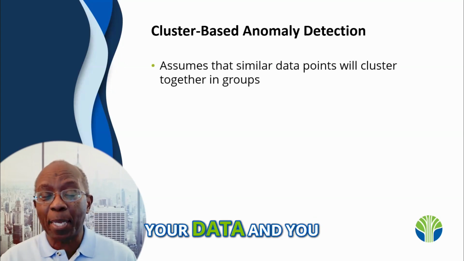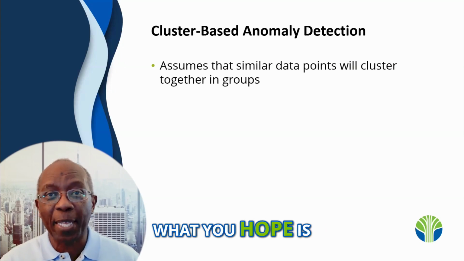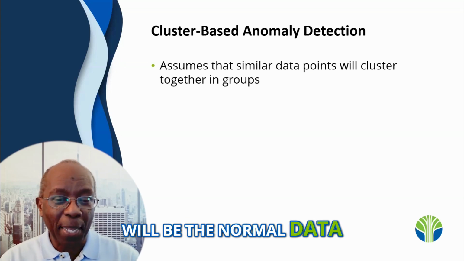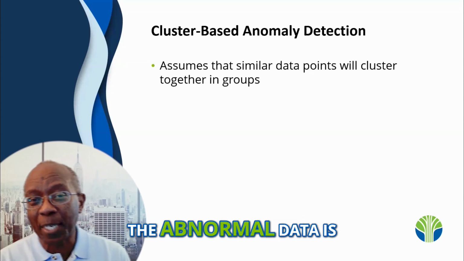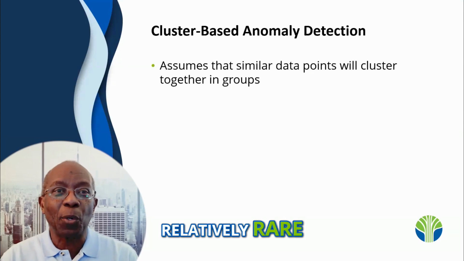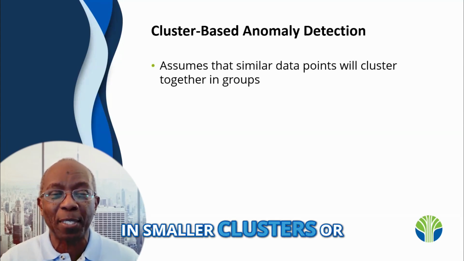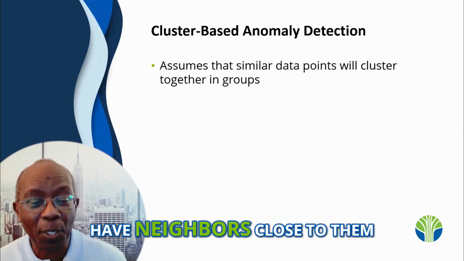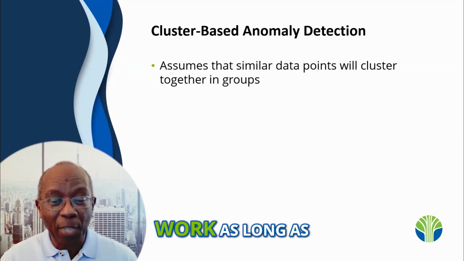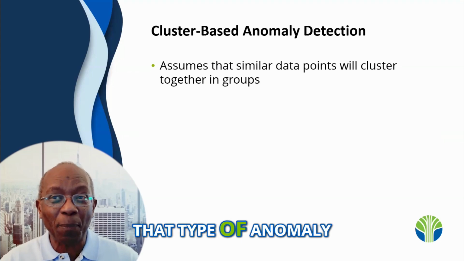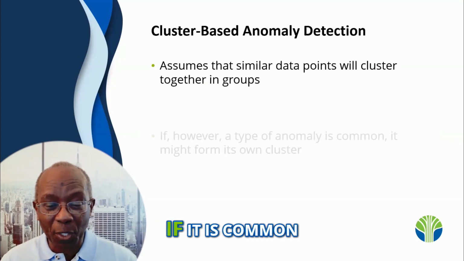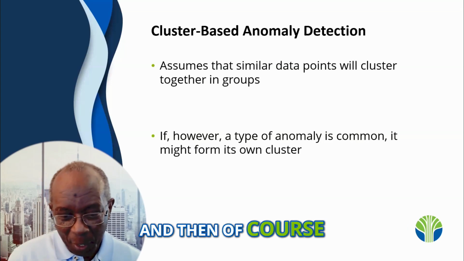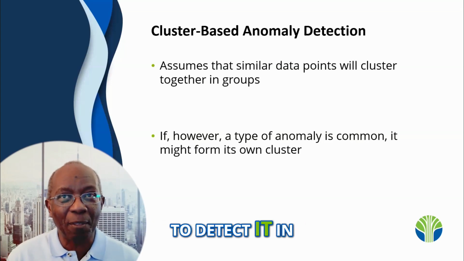So if you have your data and you cluster it, what you hope is that the big clusters will be the normal data, and we assume that the abnormal data is relatively rare, so it might be in smaller clusters or maybe just isolated points that don't even have neighbors close to them. This is going to work as long as that type of anomaly is not common. If it is common, it might very well form its own cluster, and then, of course, you wouldn't be able to detect it in this fashion.